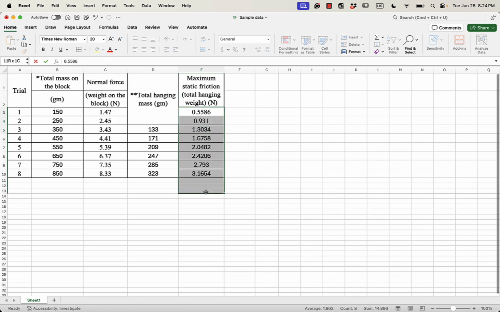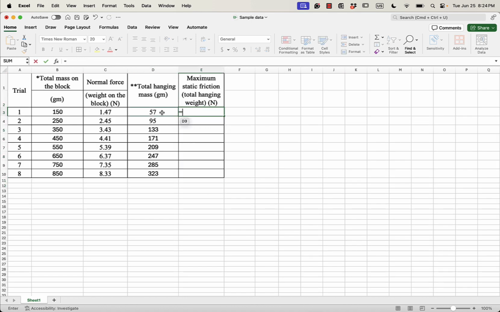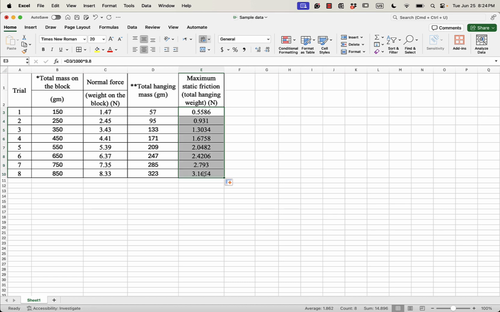So you write equal sign, select that, divide by 1000, that will give you the mass in kilogram, and that times 9.8 gives you the weight of the hanging object, which is the maximum static friction. Then you double click that, and that gives you the maximum static friction.